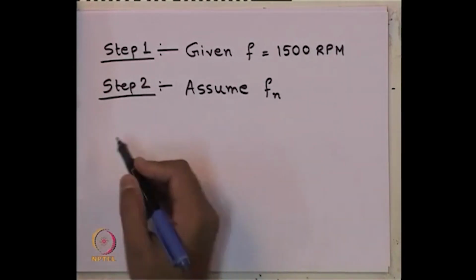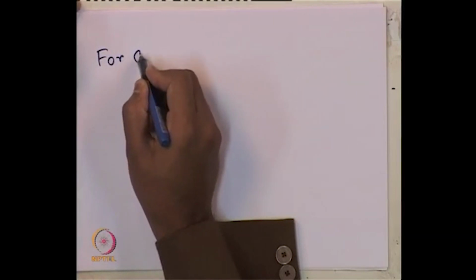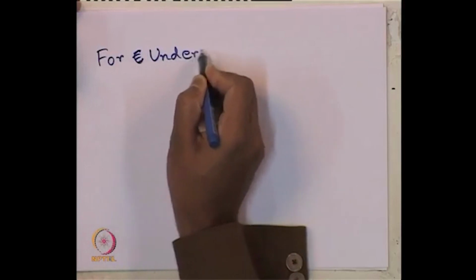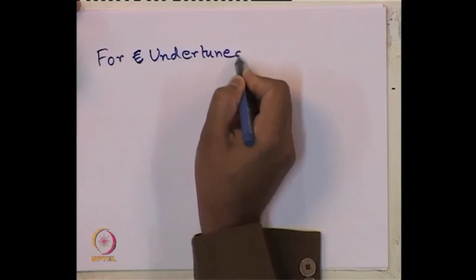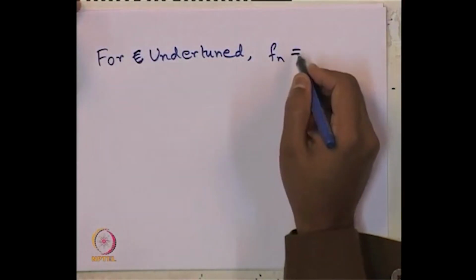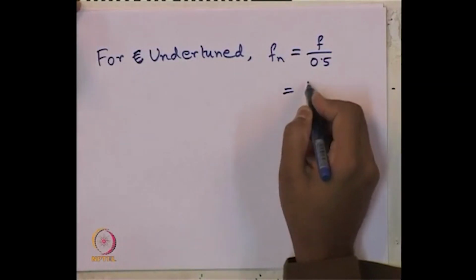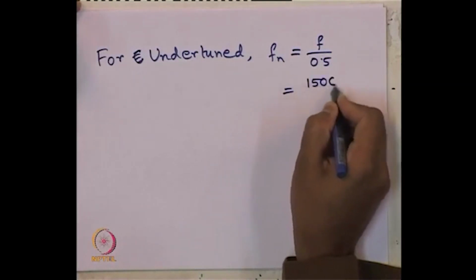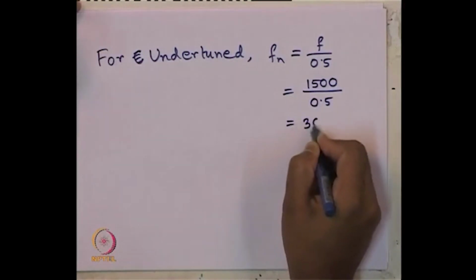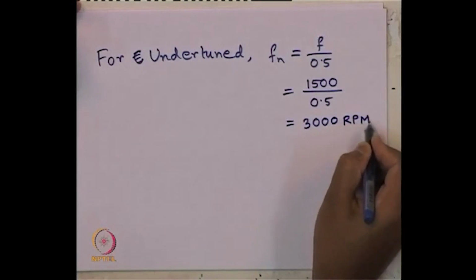So, for under tuned, what we are getting, Fn is F by 0.5, that is 1500 by 0.5 will give us 3000 RPM.